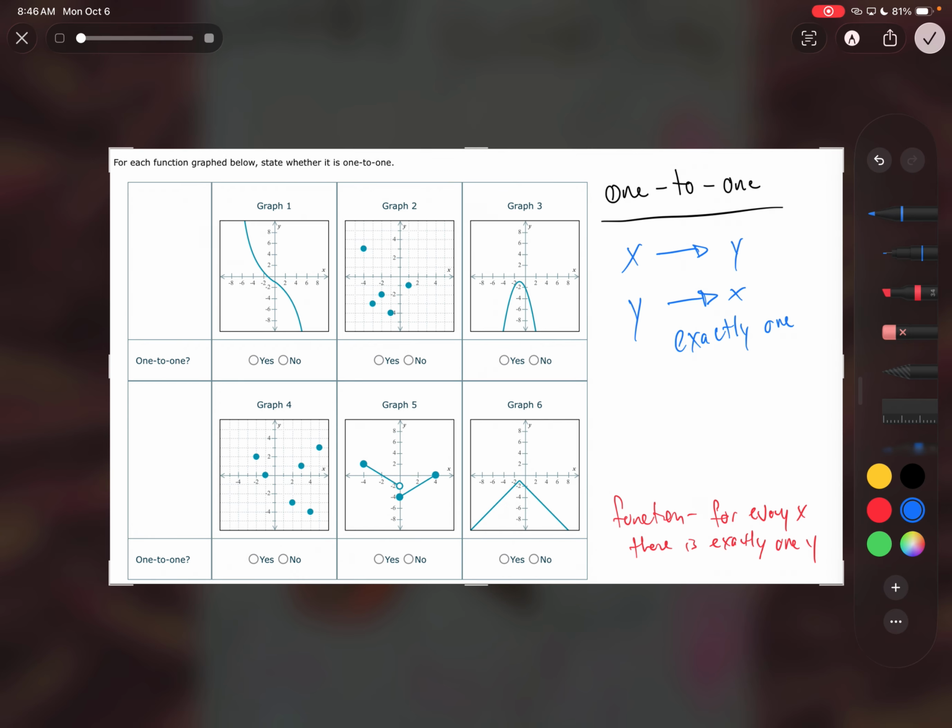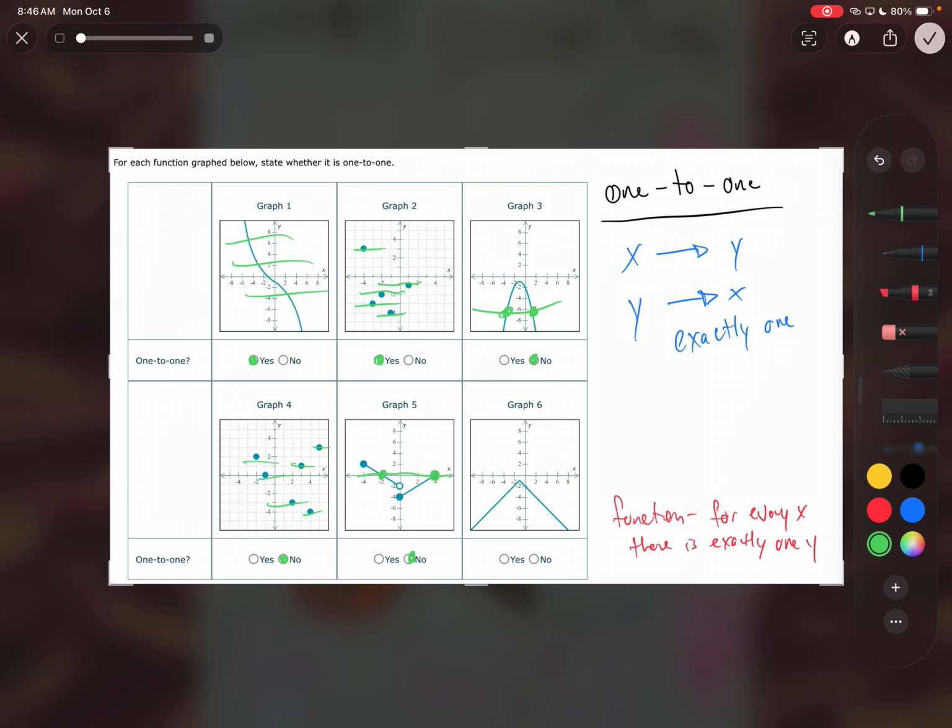So if you draw a horizontal line on these, and we'll talk more about one-to-ones later on, if it hits the graph more than once, it is not one-to-one. So on this one, when I draw a horizontal line, it hits it twice, so that is no. This one would be no too, because right there it hits it twice.